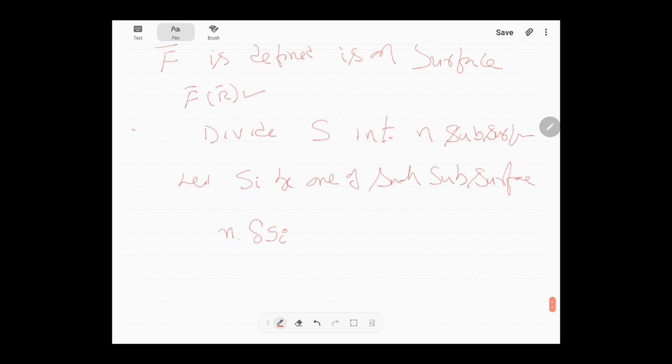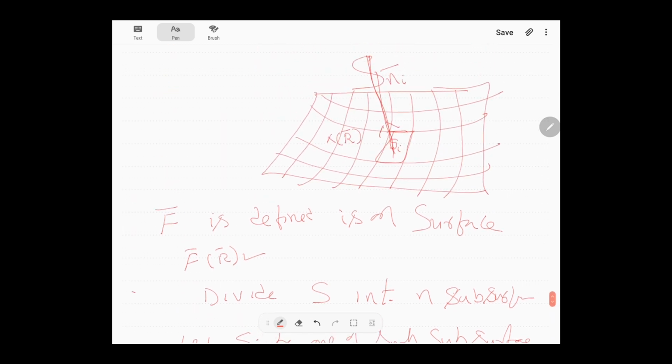Ni bar into delta Si, I can consider as a vector area. It is a vector whose direction is perpendicular to the subsurface Si, and whose magnitude is equal to the area of the subsurface. So delta Si into Ni bar is the vector area. In this subsurface, take some point.